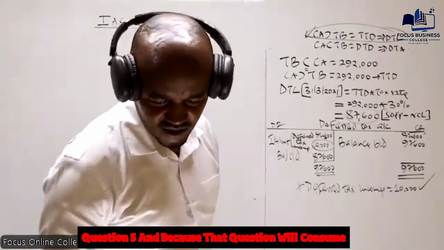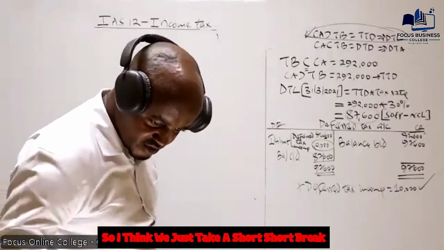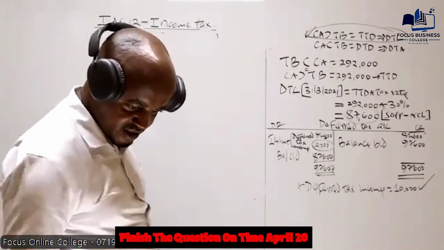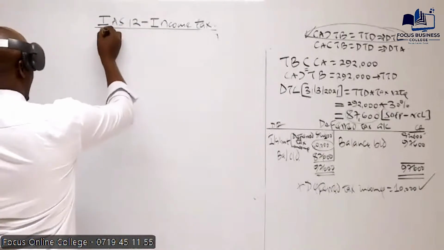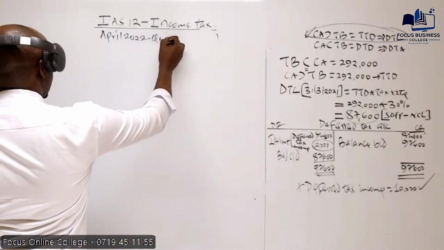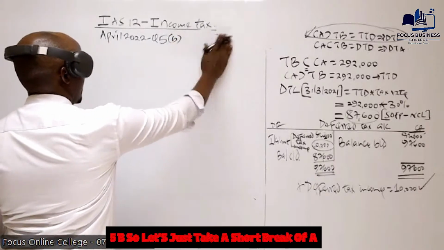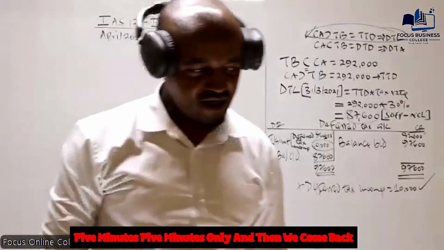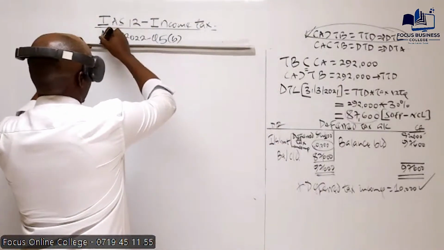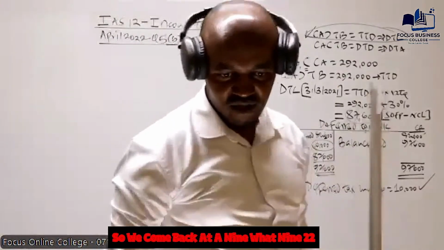Because that question will consume some time, we'll just take a short break of 5 minutes only, and then we come back, because I want us to finish the question on time. Make sure you have this question with you. So we come back at 9:22.